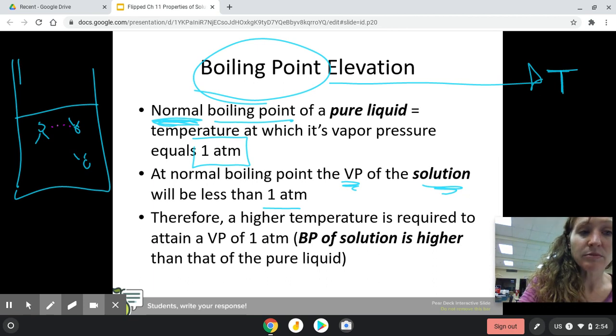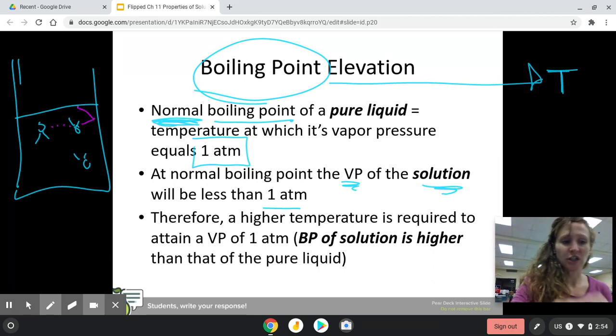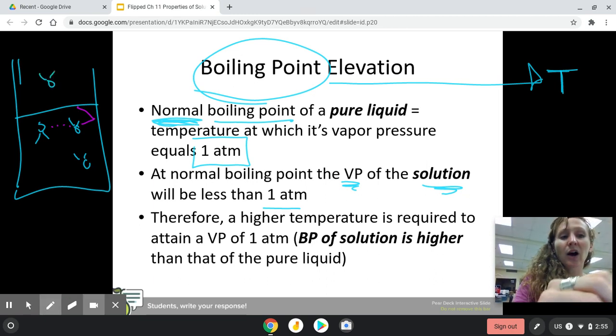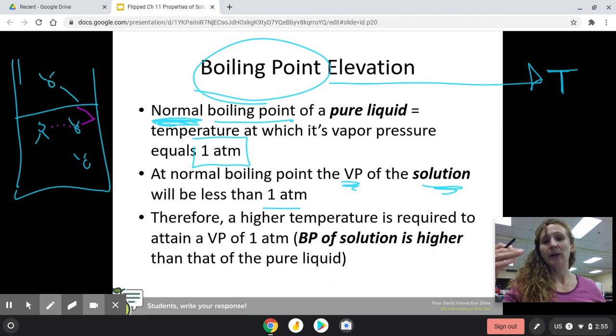But sometimes the motion of those particles can overcome that attraction and the water can escape out of the solution. And that's what going from a liquid to a gas is all about. Now, as you raise the temperature, what about the molecule changes?